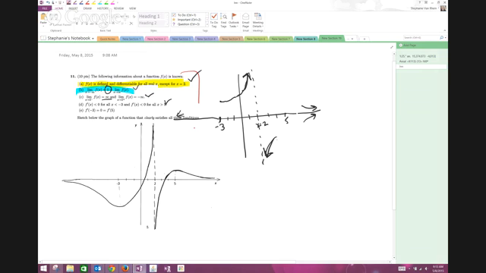Trying something like this, I know my slope has to always be negative here, so I'm not going to be able to do that. I have to do something like the answer here. If I smooth this out, I have a negative slope here, I always have a negative slope, and I'm approaching minus infinity.